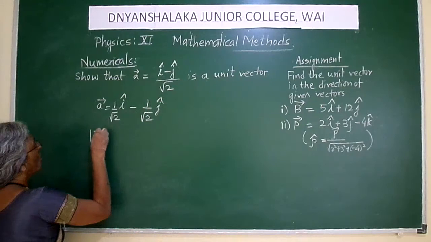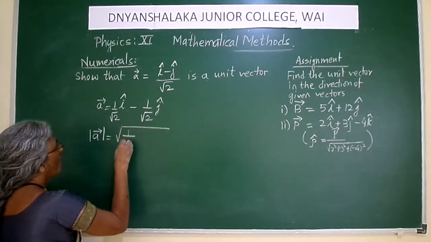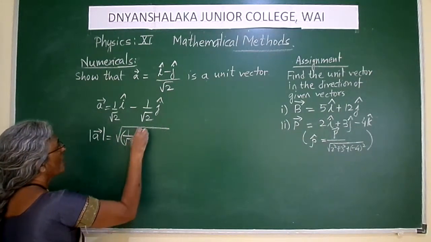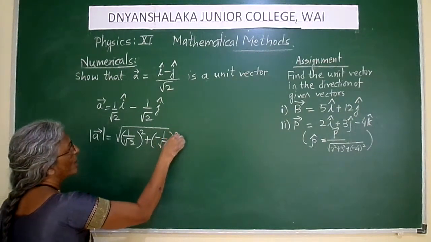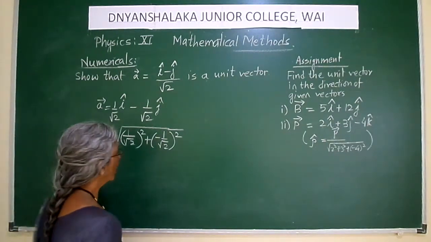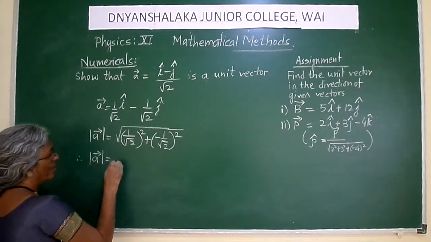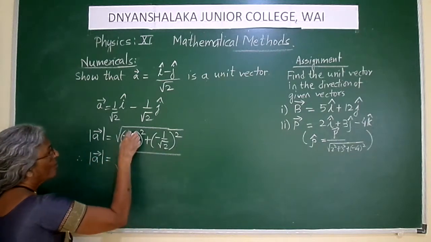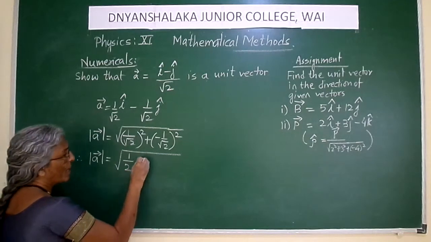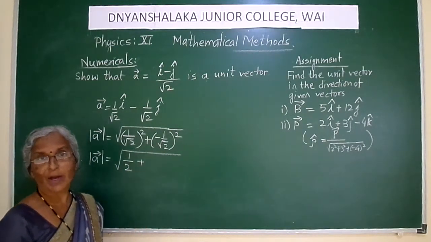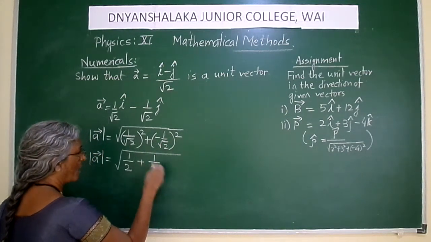Now magnitude of this vector A will be equal to under root of 1 upon root 2 the whole square plus minus 1 upon root 2 the whole square. My formula. Okay. Therefore, magnitude of this vector A will be equal to under root of 1 square upon root 2 square, that is 2, plus, when it is squared it becomes plus, 1 square upon root 2 square, that is 2.